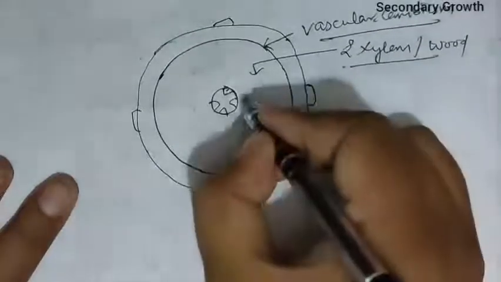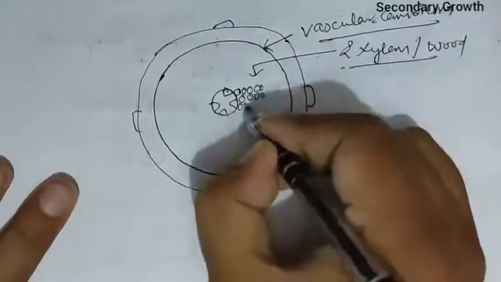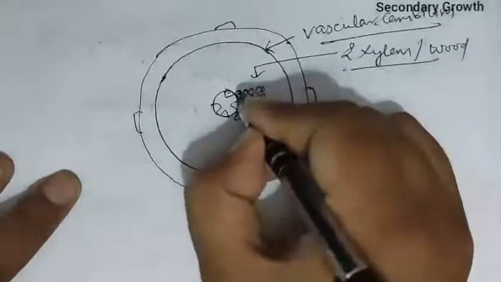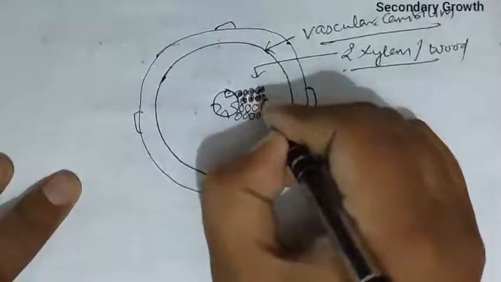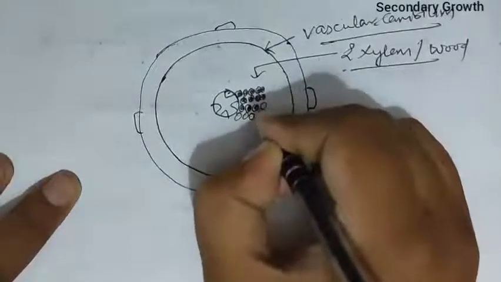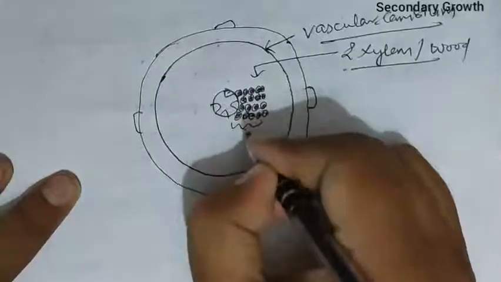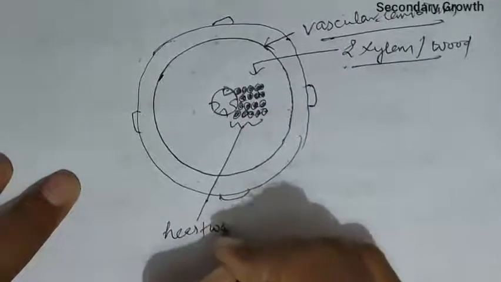If you observe, towards the center you will find this heartwood, and this heartwood is filled with substances, so it looks darker in color.